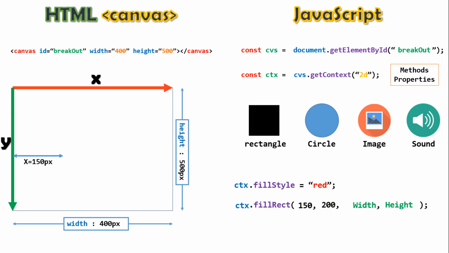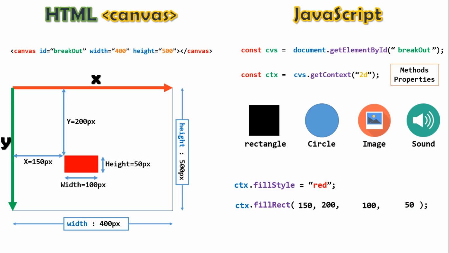If we say Y is 200 pixels, then we will start from the top and take 200 pixels, which means our rectangle will be drawn in this position. This is its width, which is 100 pixels, and this is its height, which is 50 pixels.